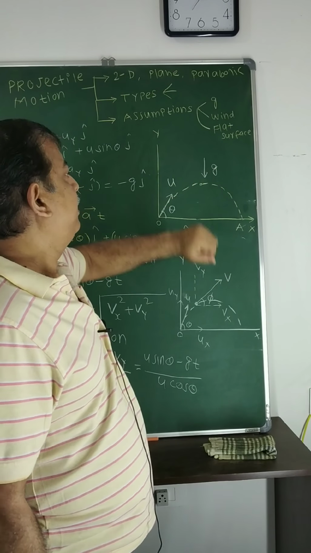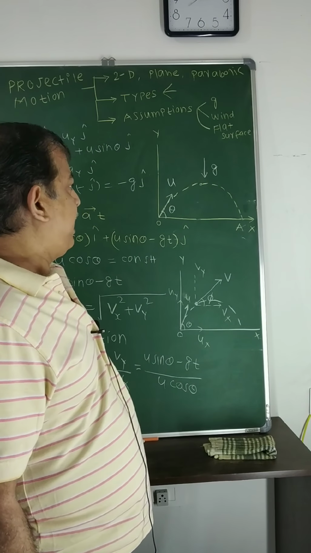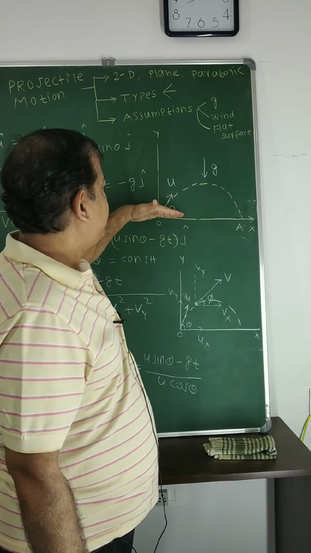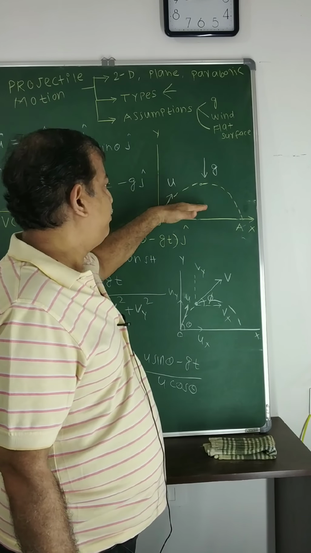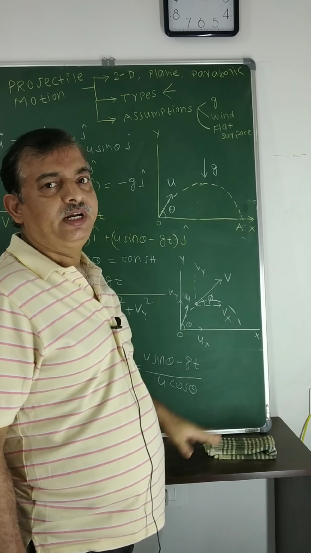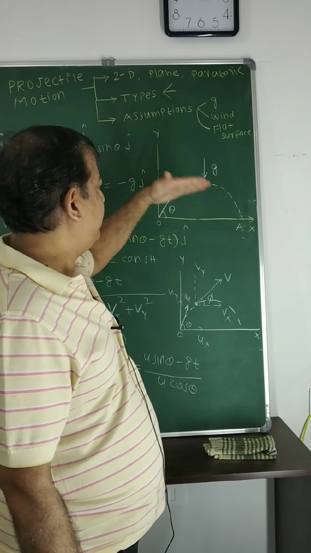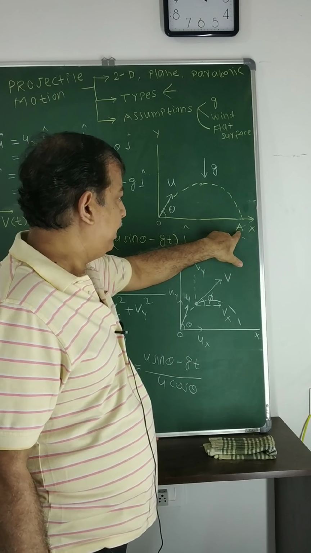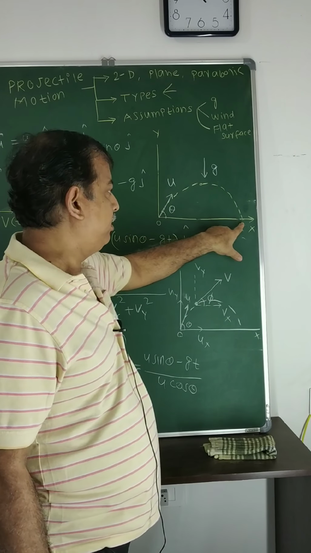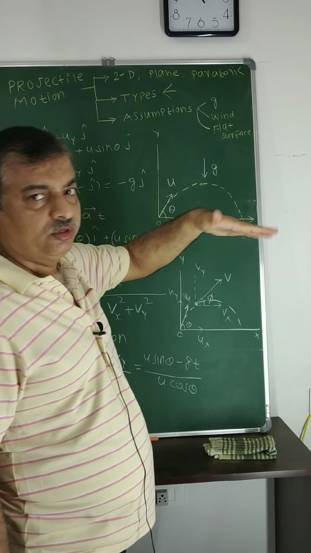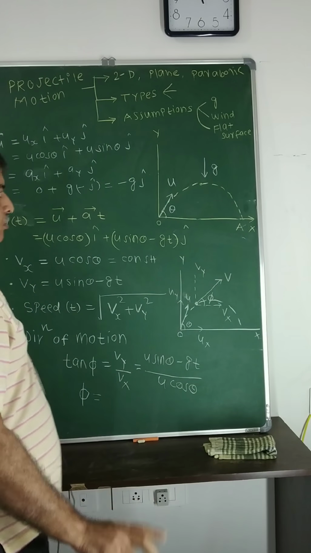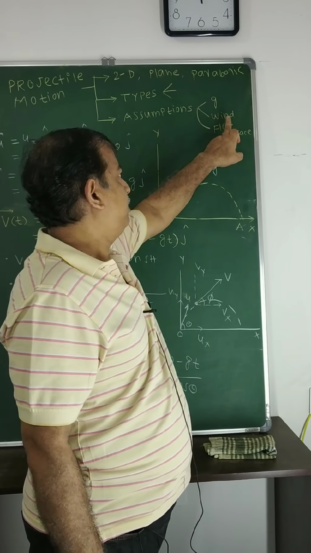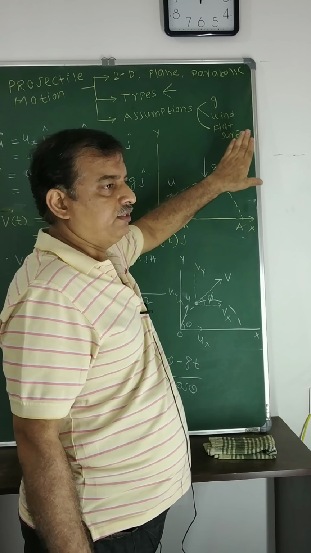We'll discuss later. Third assumption is I am again assuming the surface is flat. Flat surface means the curvature of the radius is neglected, as if it is a perfectly horizontal surface. And O and A, that is point of projection and point of strike, are on the same horizontal level. So 3 assumption: a small g is constant, wind is not blowing, surface is flat.